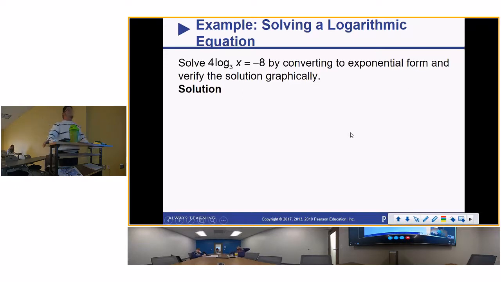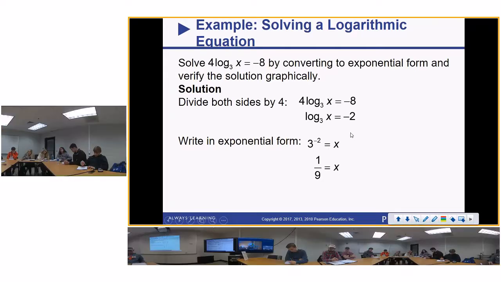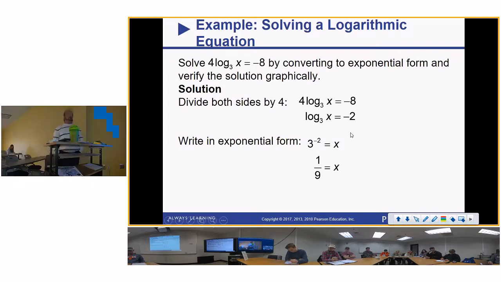And 3 to the negative 2 is going to be what? 1 over 9? Yeah. So that's just like the question we just did. Just doesn't have a decimal.